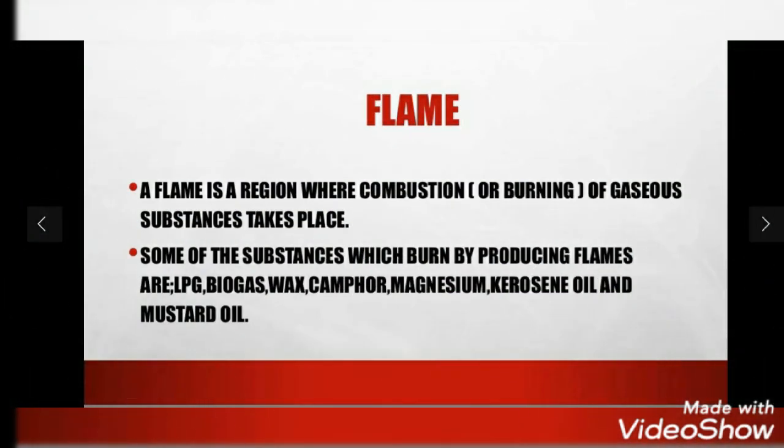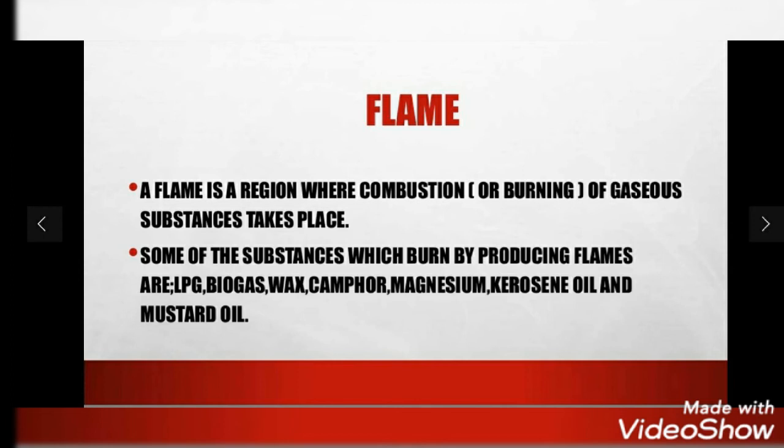Now comes your flame. Whenever burning is taking place, it consists of a flame. Sometimes substances burn without producing flames also, but mostly flames are produced. And flames take place in combustible substances. Now the flame has different regions.